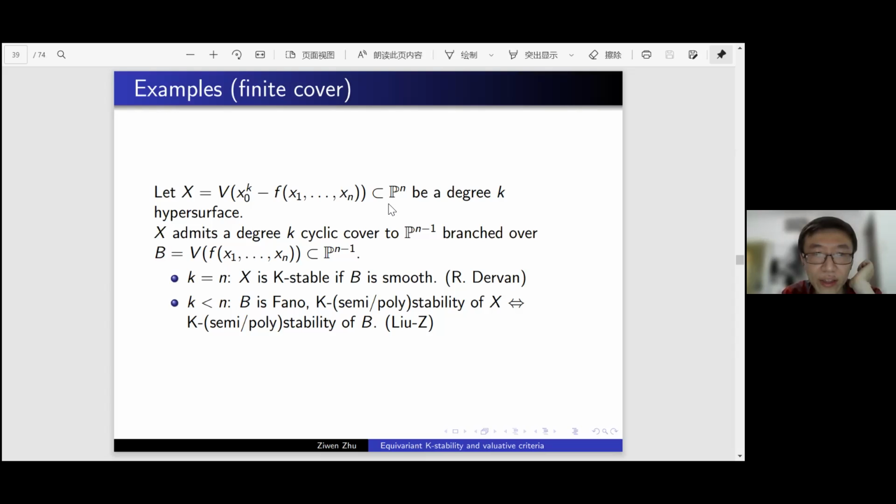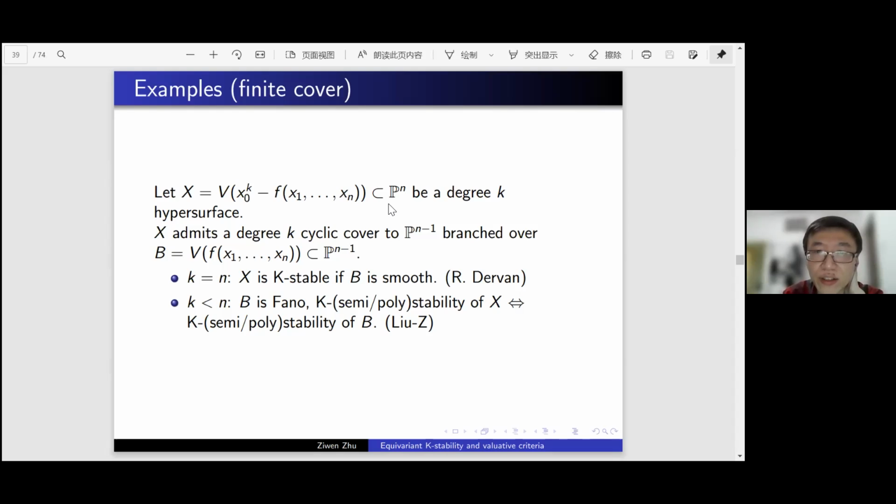Right now I think we have a lot of examples, especially in the last year. There's this method developed by Hamid and Zhuang using admissible flags, where they solved a wide class of concrete explicit examples of K-stability of Fano varieties.